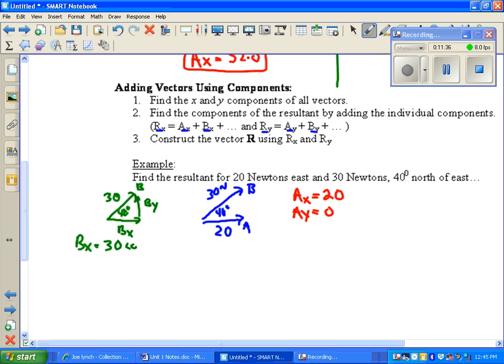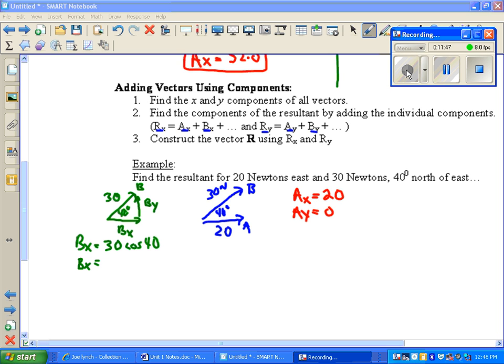It's going to be 30 cosine of 40, and that's going to give me a value for BX of 23.0. For BY, Y is the opposite side of the triangle and I have the hypotenuse, so I'm going to use sine. It's going to be 30 sine 40, and that gives me a value of 19.3.